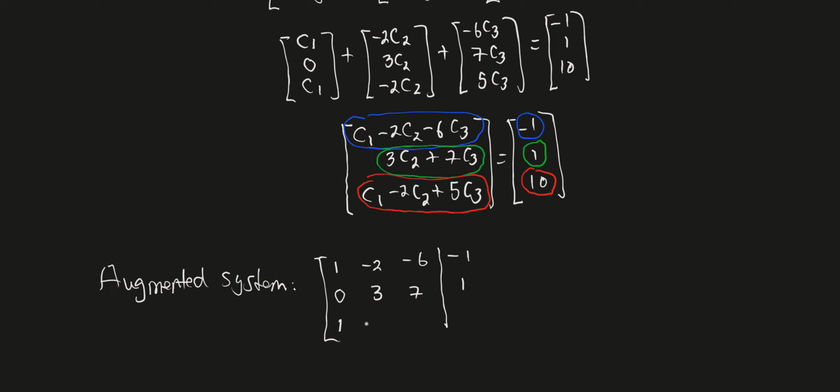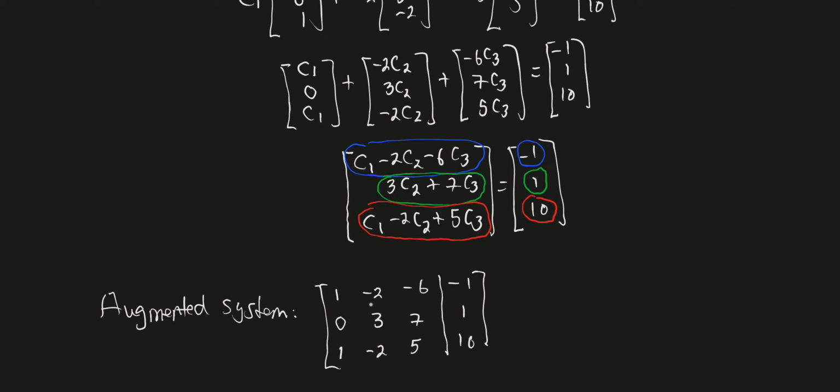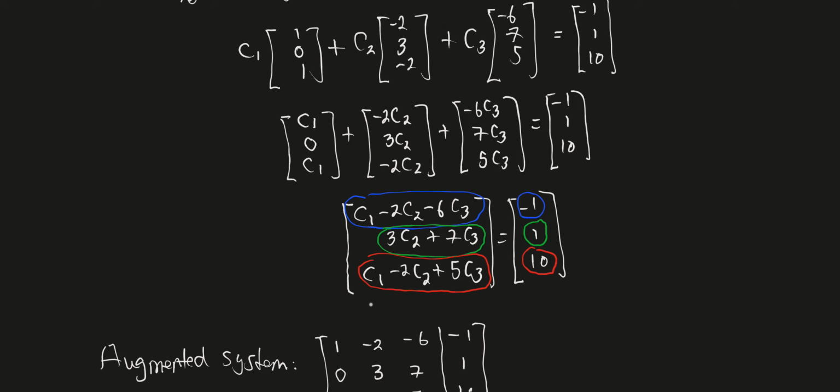And then 1, -2, 5, 10. And then, yeah, let's try to solve this, because if we can find at least one solution, so if this linear system is now consistent, then we can answer in the affirmative and say, yes, my vector -1, 1, 10 can be written as a linear combination of these three vectors, right?